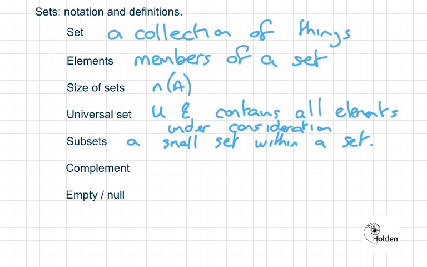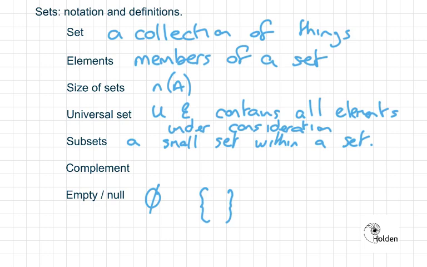I'm just going to jump down to empty and null, because the empty or null set, that's the sign for null, or some curly brackets is a sign for an empty set, is a subset of every set. Okay, so you can always have an empty group within any group. It's like the number of friends that I have, for example.